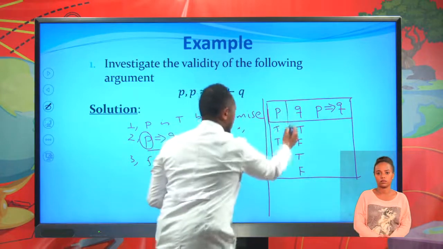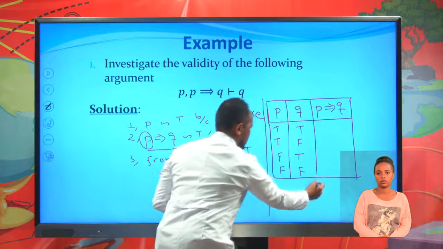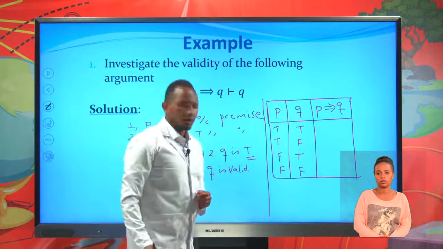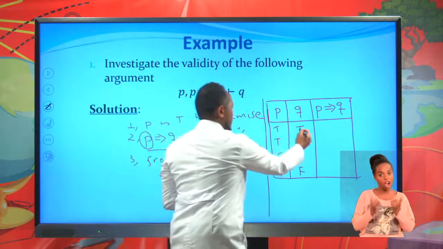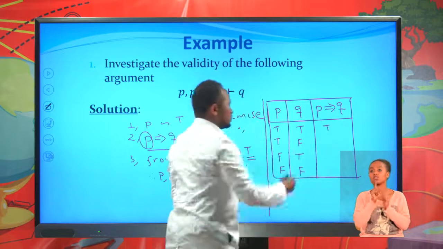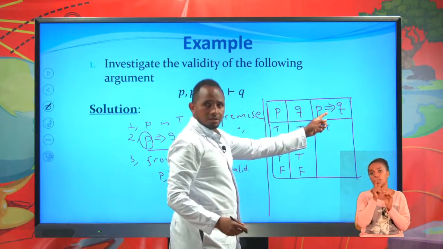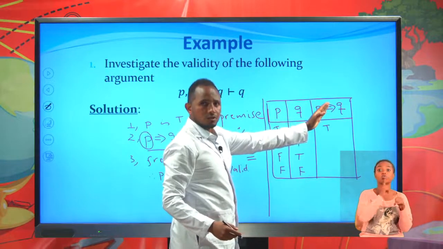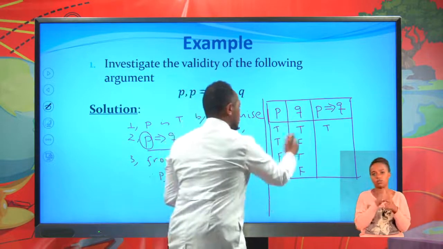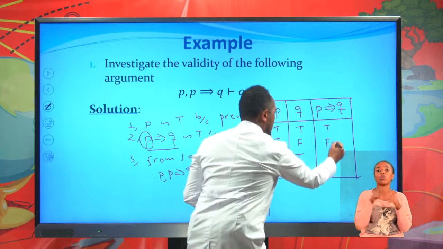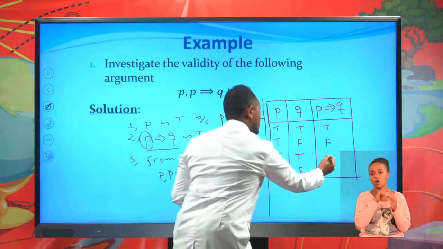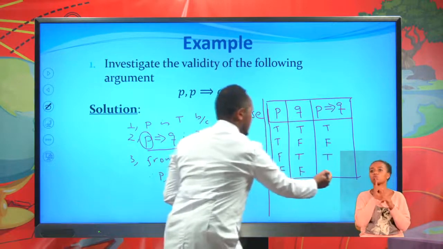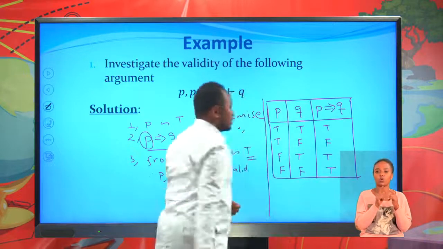Now, true implies true is true. Implies is false whenever the first statement is true and the second is false, otherwise it is true. True implies true is true. True implies false is false. False implies true is true. And false implies false is true.